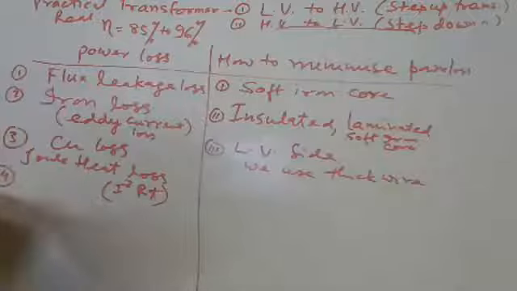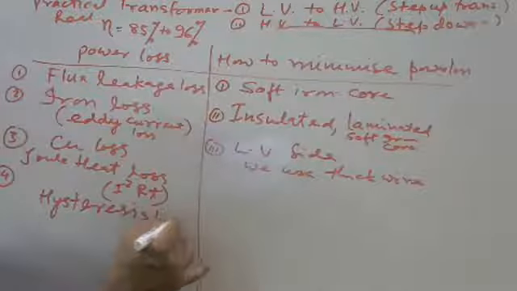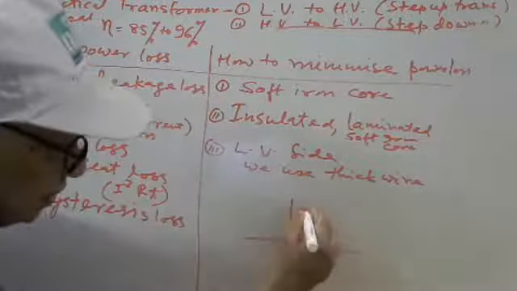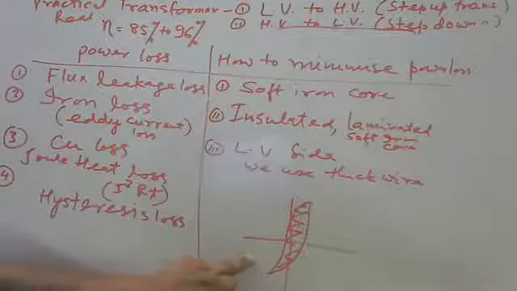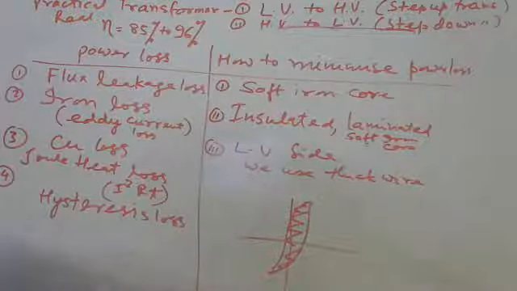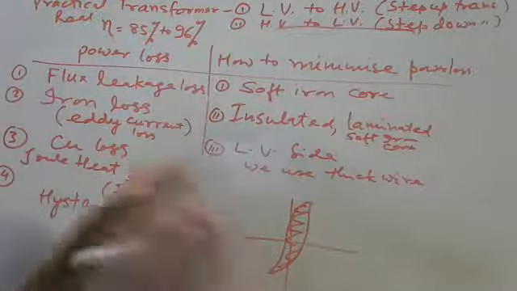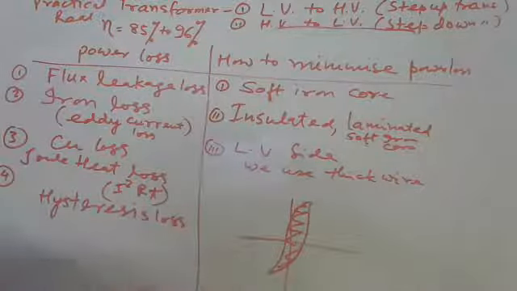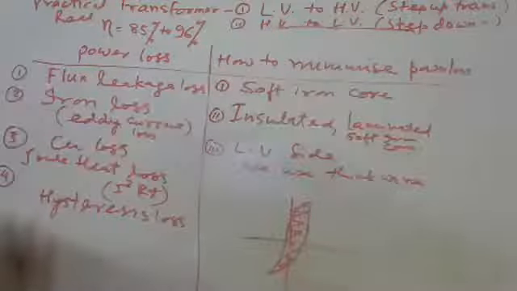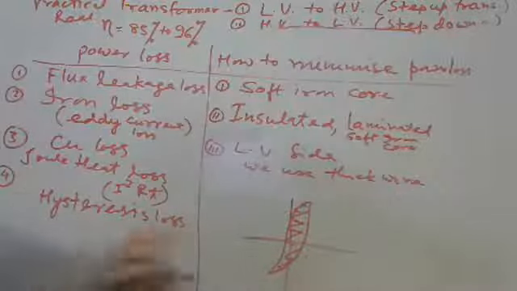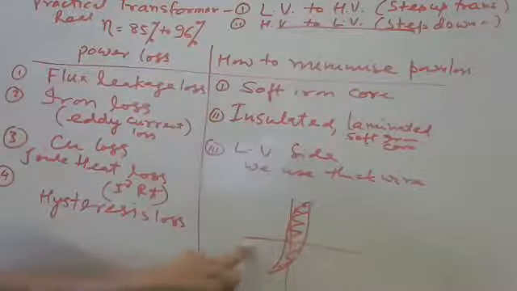And the fourth one is hysteresis loss. Hysteresis loss means, this is the figure we have discussed. This area represents the loss, so to reduce the hysteresis loss we must reduce this area. The core is magnetized and demagnetized again and again, because we have a frequency of 50 cycles per second. If we use more frequency, there is more power loss. So to reduce the hysteresis loss, the area must be very small.